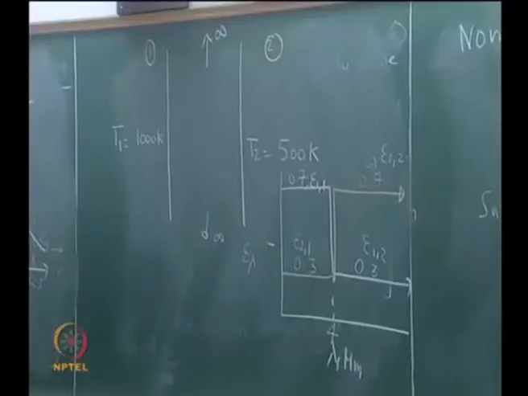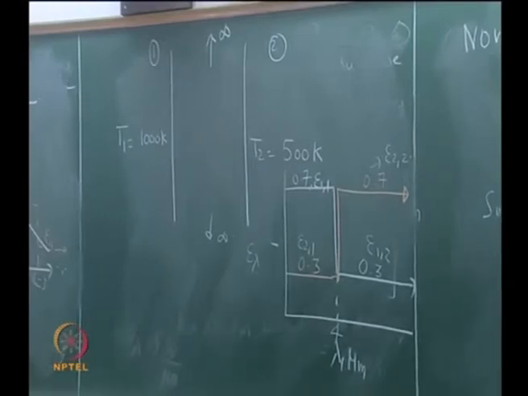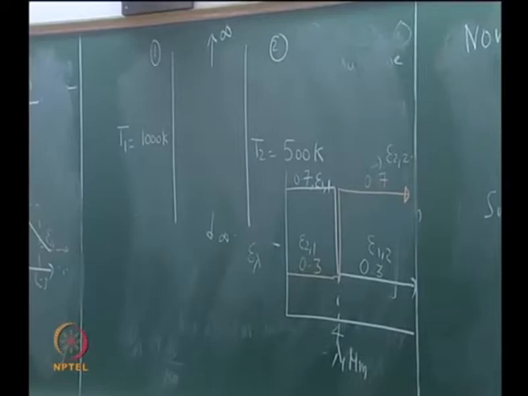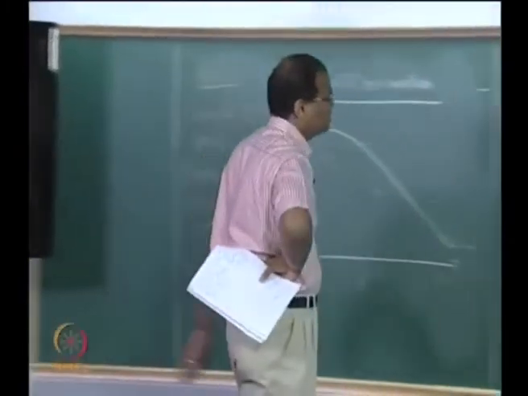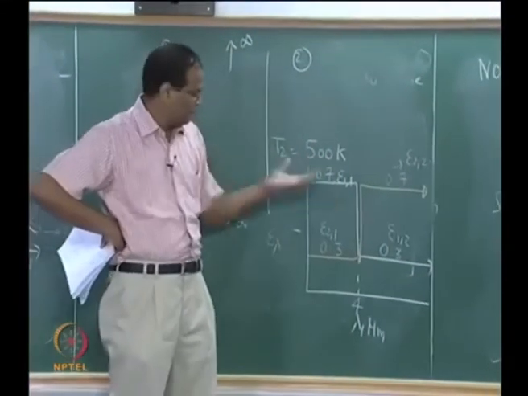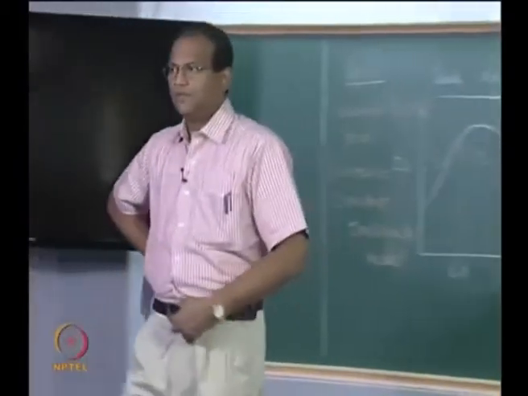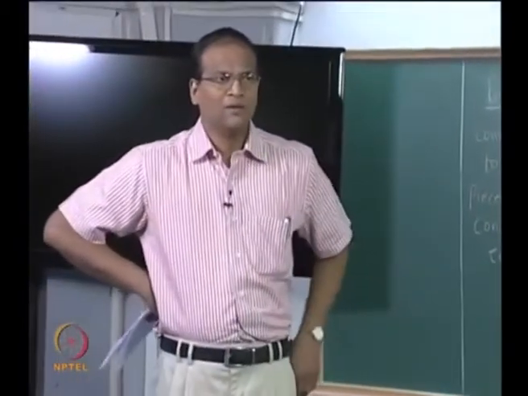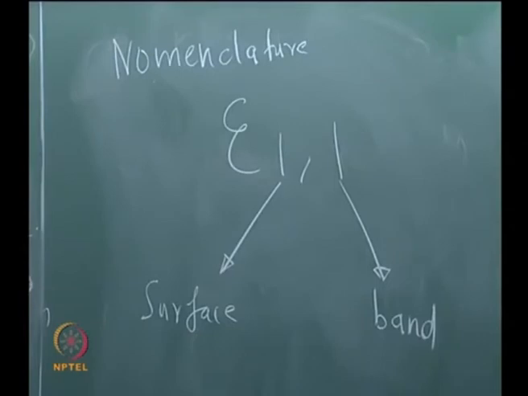That is the nomenclature I am using. Is that correct? First surface first band is 1 1, first surface second band is 1 2, second surface first band is 2 1. Same thing, I have made the matter simple. It is just a complete mirror image of that. 0.7, 0.3, 0.3, 0.7. Beyond 4 micrometer, it is proceeding to infinity as a constant value.